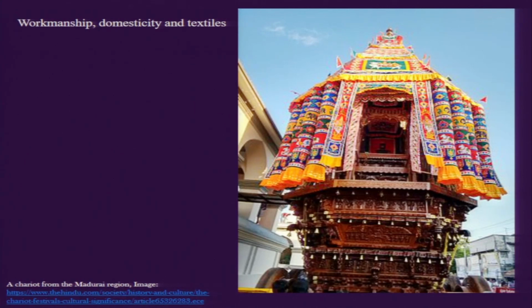The other form of appliqued fabric is predominantly used by the temples in Tamil Nadu. These are applique fabrics used in the temples, but also predominantly during the chariot processions.